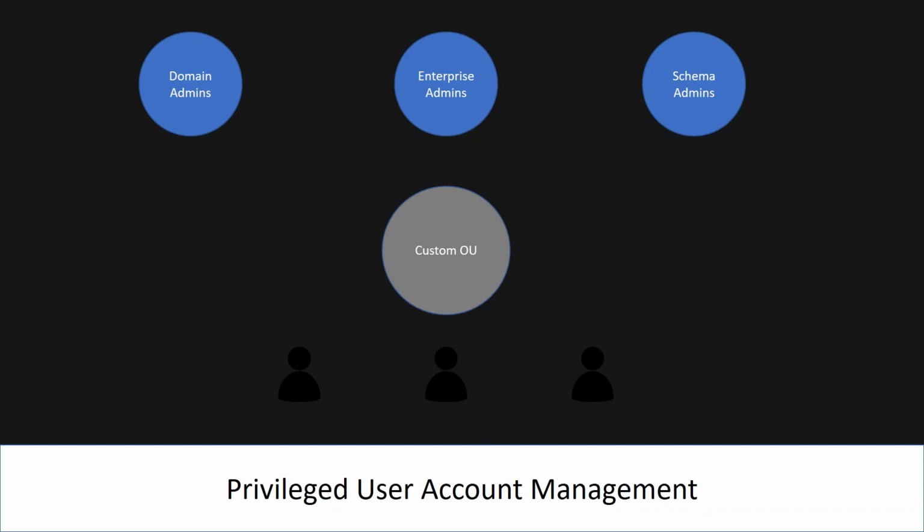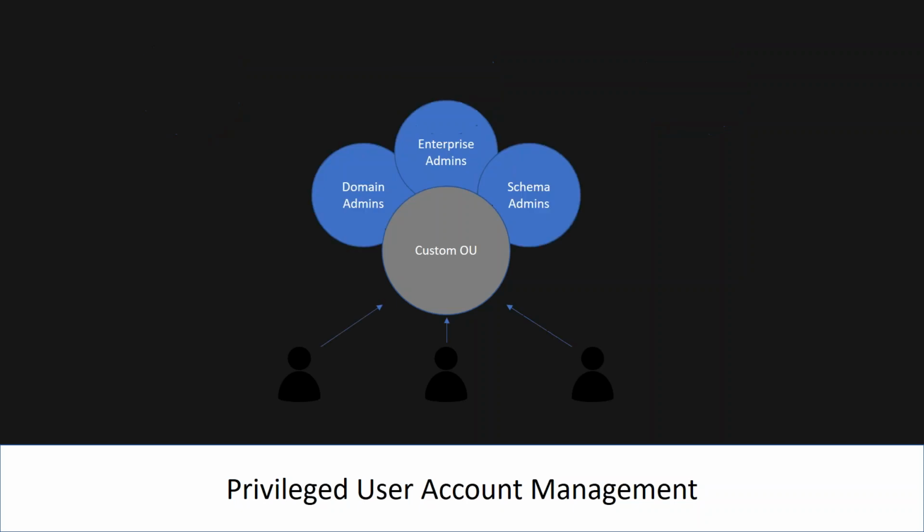So what I have here are these three privileged groups. I have a custom OU, and you can see at the bottom of the slide I have some users. And these are what I call directory service management accounts. And they will have control of the groups inside this custom OU. So let me explain what I mean.